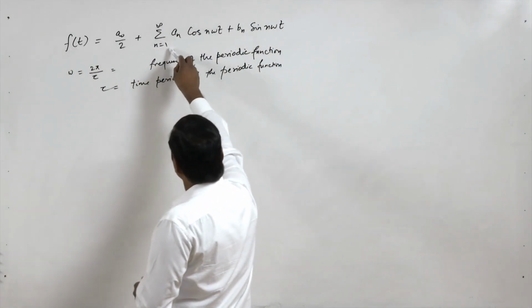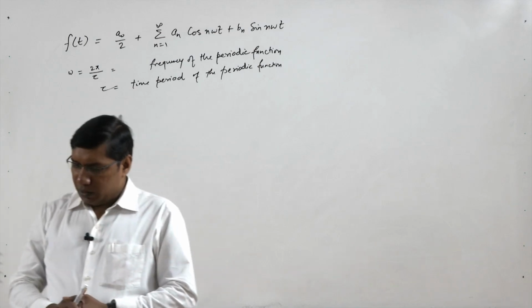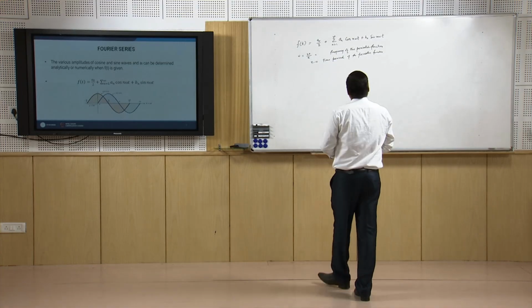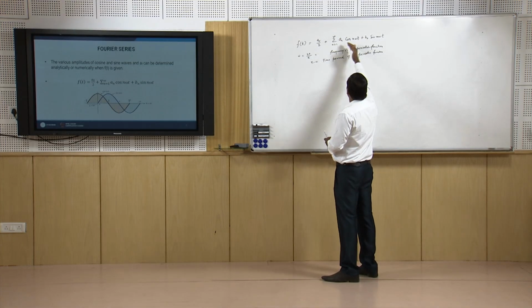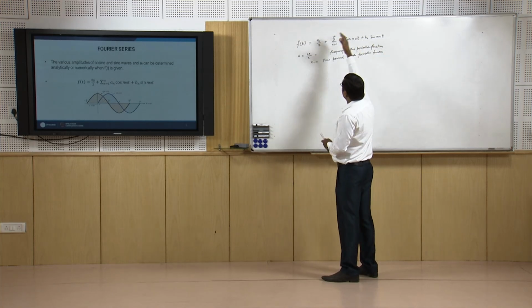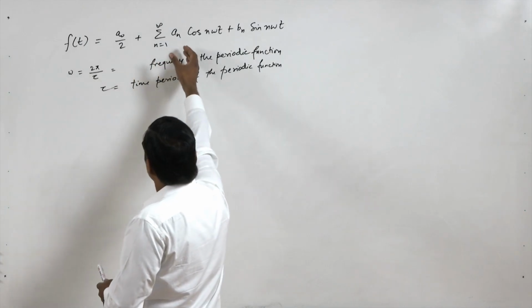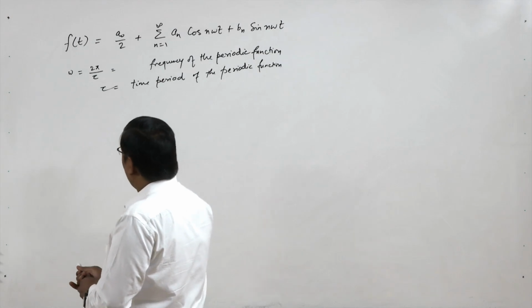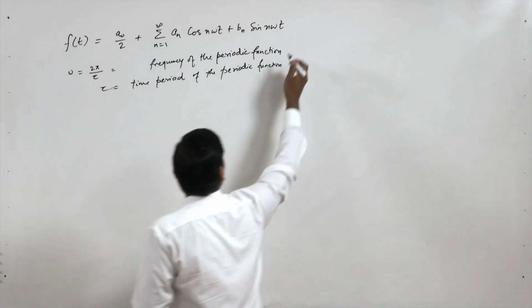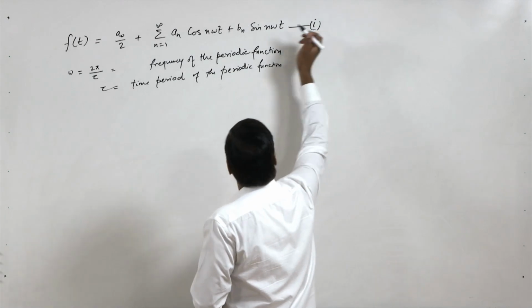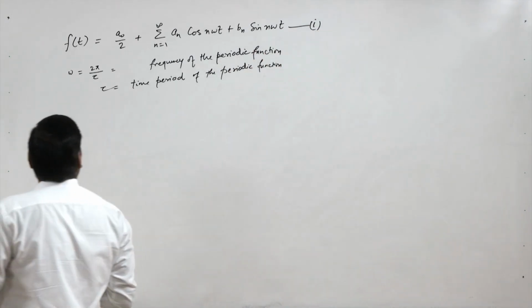Now here we can see that this harmonic function varies with n equal to 1 to infinity. So we can have infinite terms and they will assemble to make this periodic function. In order to get a0, a_n and b_n, let us say this is equation number 1, we have to find them.